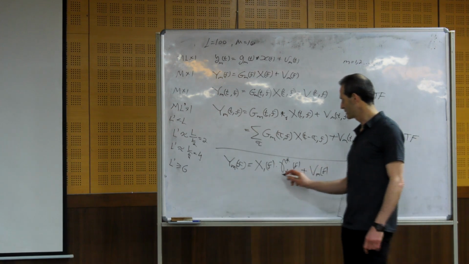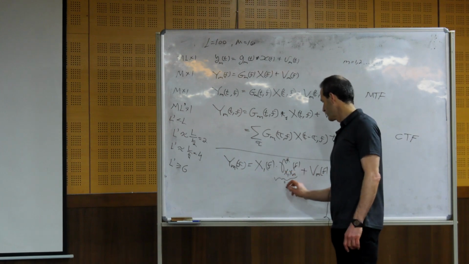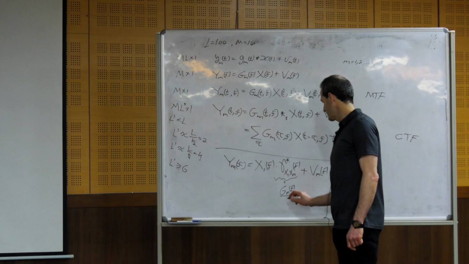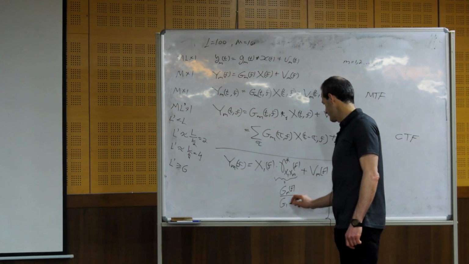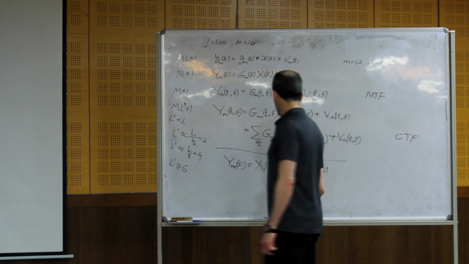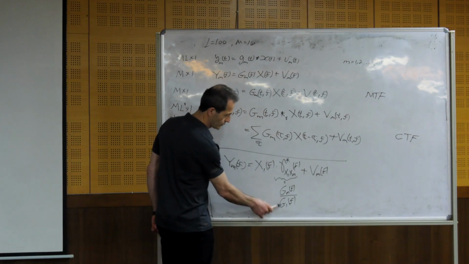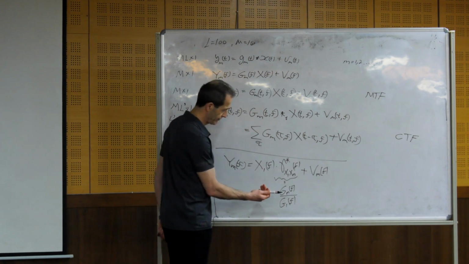Okay, so this is the relative. Actually, this can be written as this equals G_m(f) divided by G_1(f). So if we take x1, we divide by g1, we obtain X(f).